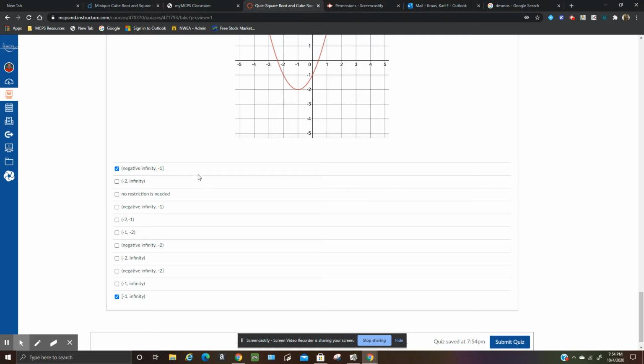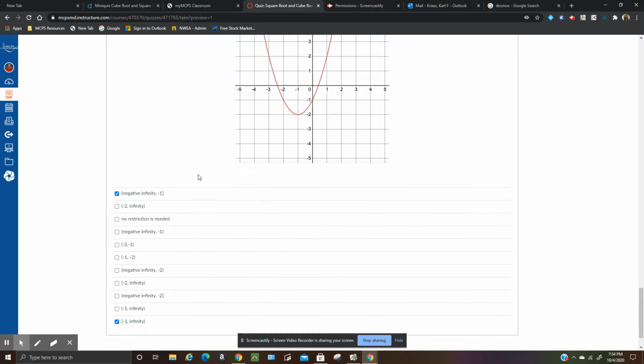But anyway, I think there are other correct answers here. If you got this one wrong, it's because there are other correct answers here. But they want you to just look at this vertex here. It's at an x value of -1. So anything greater than or equal to -1, and anything less than or equal to -1. So -infinity to -1 and -1 to infinity.